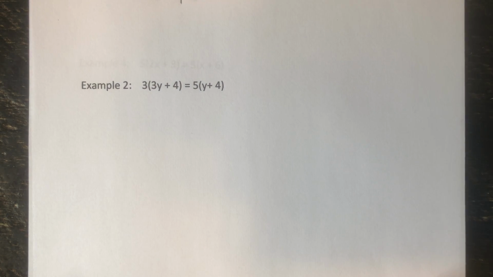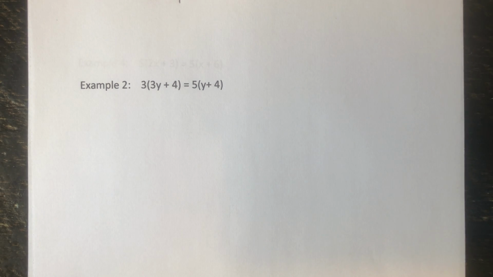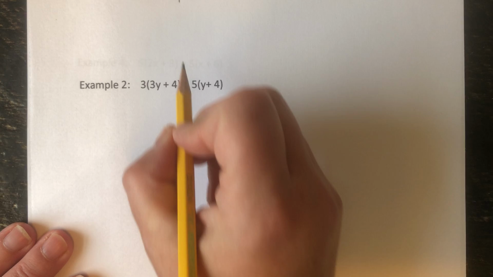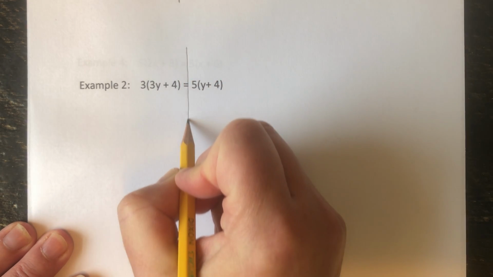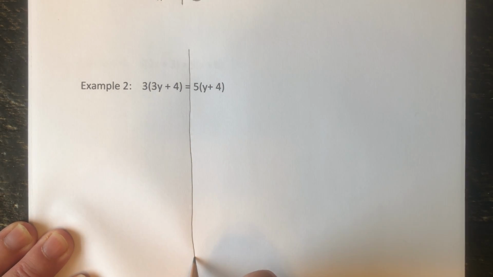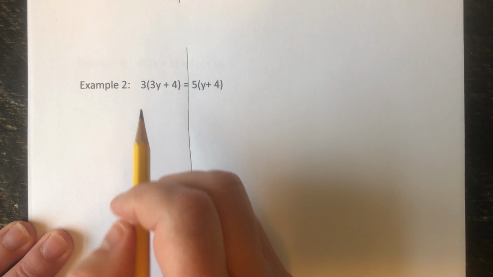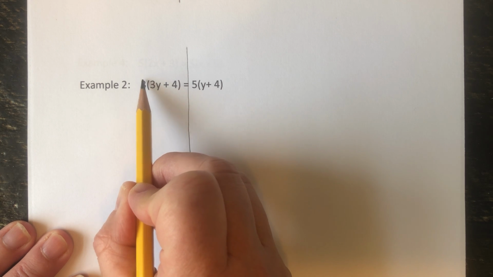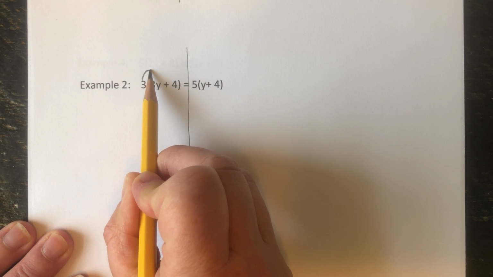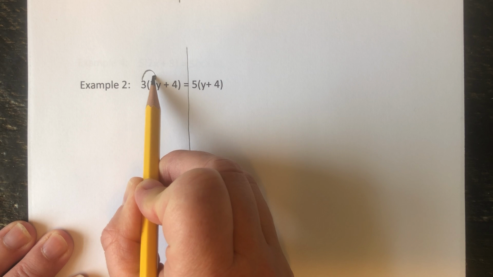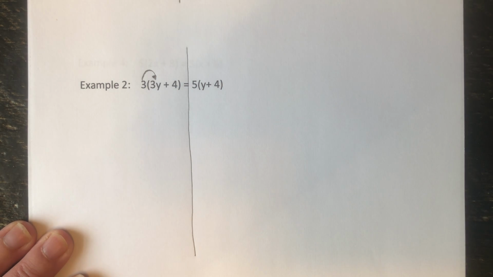Example 2, same situation. I have distributive property on both sides. So I'm going to separate both sides of the equation. I'm going to use distributive property on both the left and the right to simplify. Be careful here because I have 3, and typically you were multiplying by just a single letter.